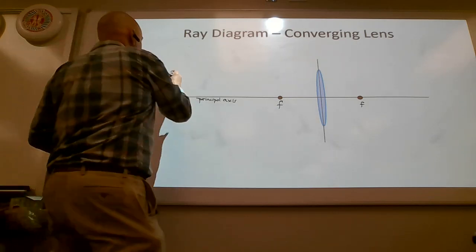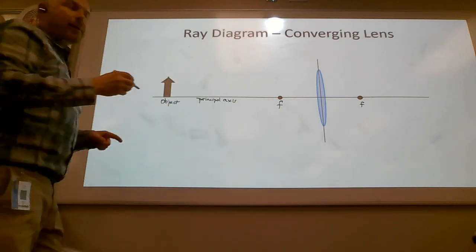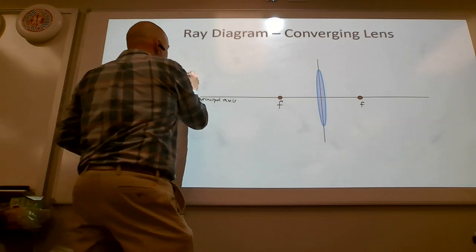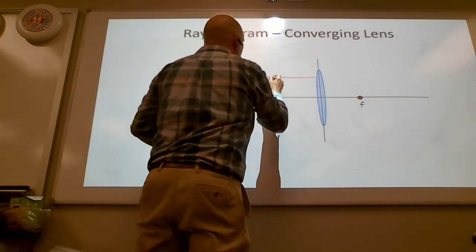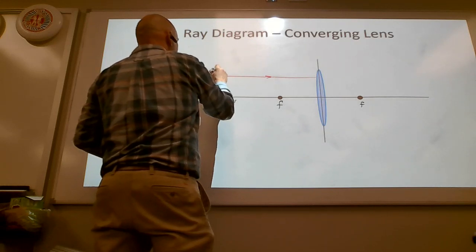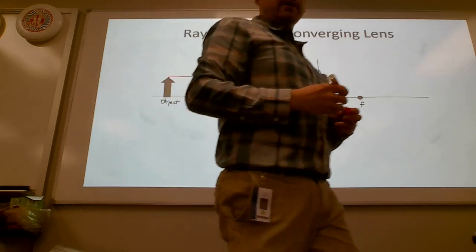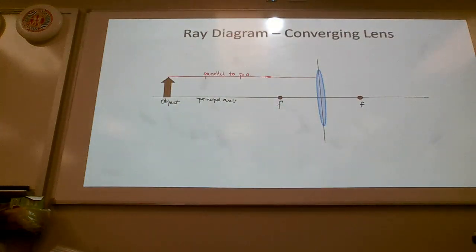First ray, you always start at the top, and it goes parallel to the principal axis. Using a straight edge is helpful. And then when the light goes through the lens, how will it refract?